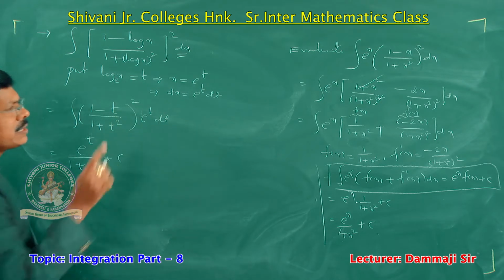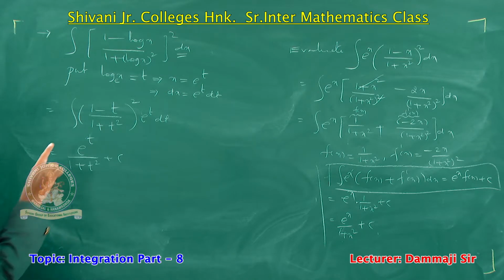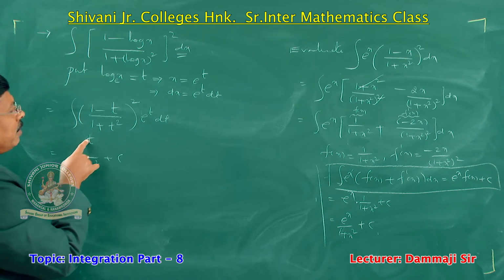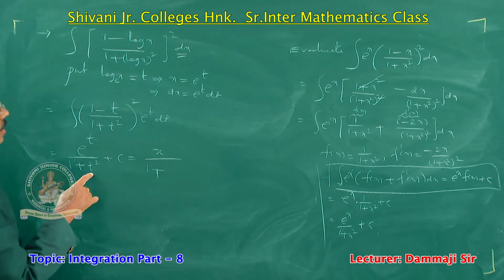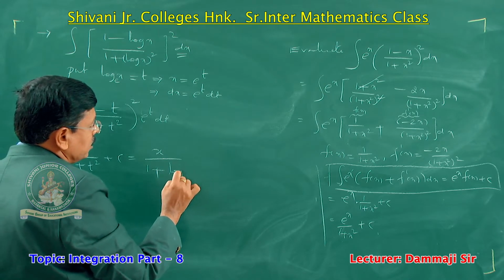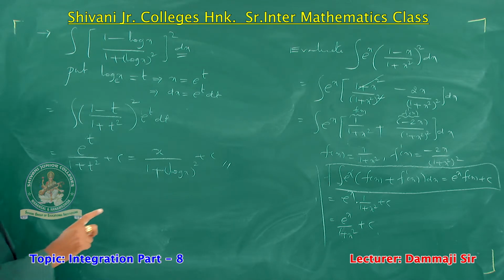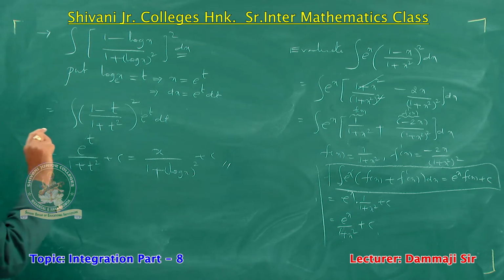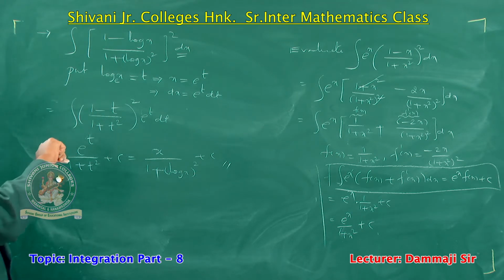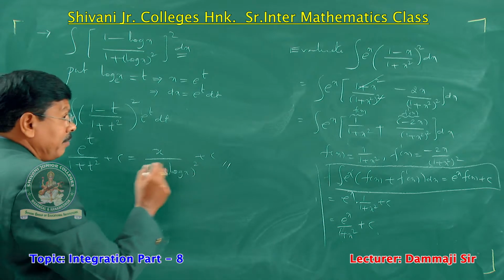No need of the process, the result is already there; just substitute the corresponding value. Since t is assumed as log x, e power t is x, so the result is x by 1 plus log x whole square. You can observe that already we can minimize the steps, and immediately you get the idea that one problem can be reduced to the integration by cancellation formation. So it is one type of problem.